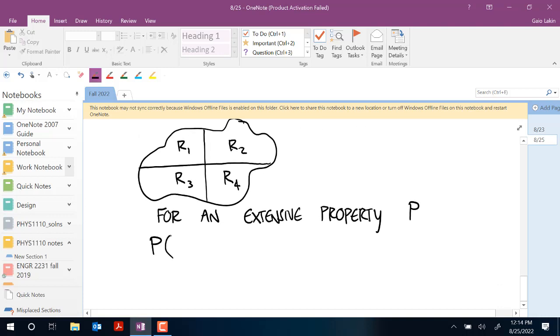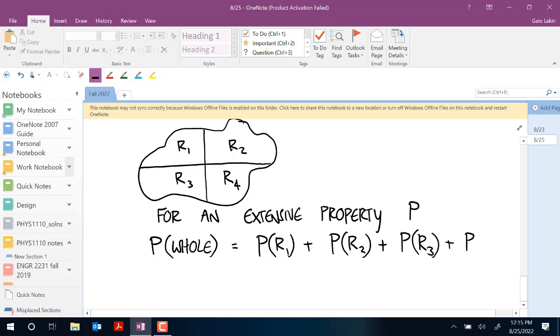The property of the whole thing is equal to the property of region 1 plus the property of region 2 plus the property of region 3 plus the property for region 4. Can you think of any properties of materials that satisfy that? Mass, yeah, exactly. Mass is probably the best example.